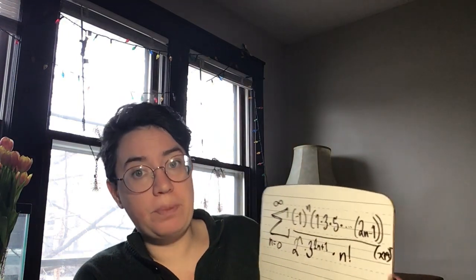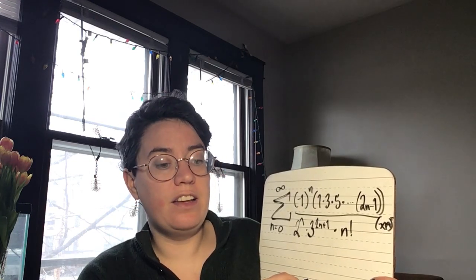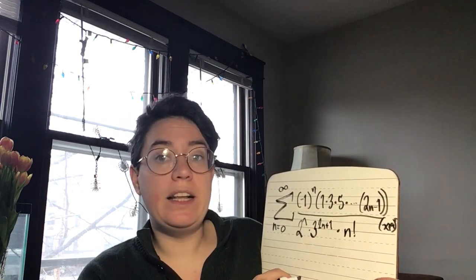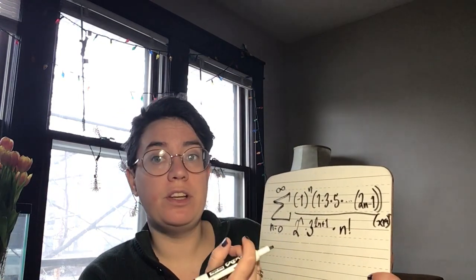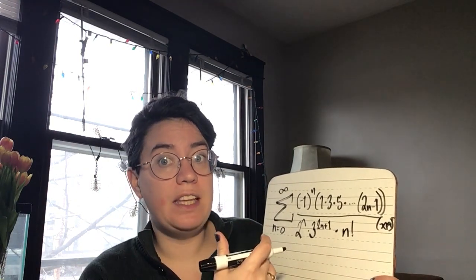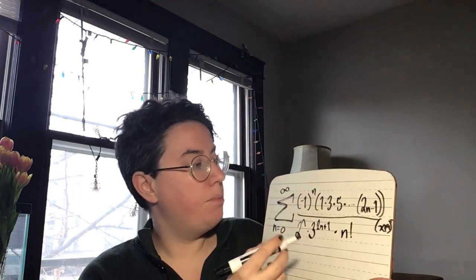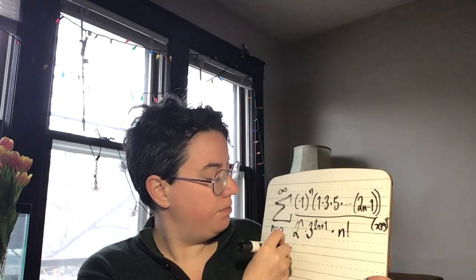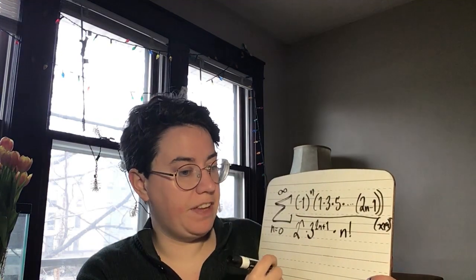It's not super pretty. When they want us to find the radius of convergence, since I see a bunch of factorials here, I would use the ratio test. I'm not going to put all of the algebra out here, but with the ratio test you should end up with a bunch of stuff canceling out.